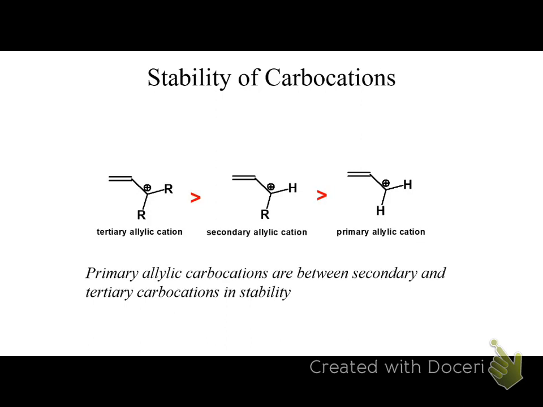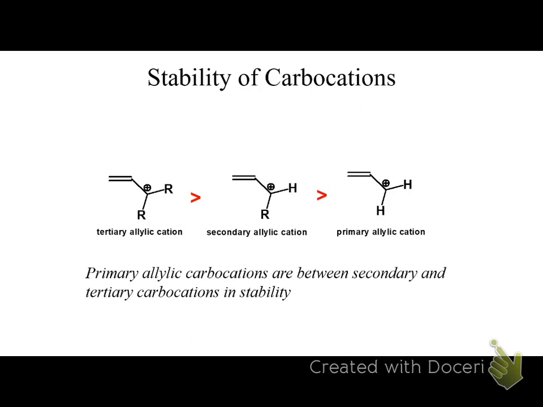Okay, so let's talk a little bit about carbocation stability with resonance, okay? Primary allylic carbocations are not as stable as secondary, and not as stable as tertiary. The most stable carbocations are the ones with the most alkyl groups attached to them.